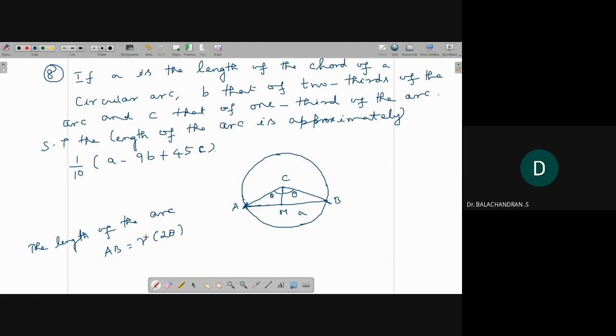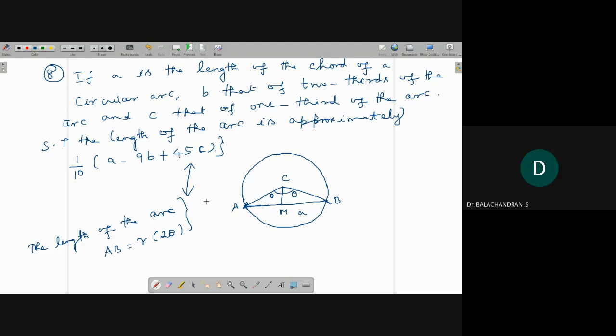Now you need to prove what? The length of the arc is approximately this. From these two, what do I need to prove? Then the problem is over. Sir, AB equal to 1 by 10.